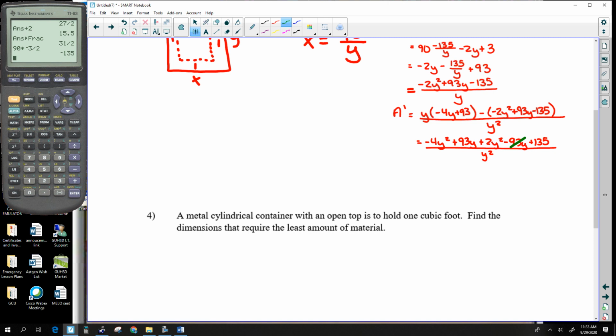So 93y drops. This is a negative 2y squared plus 135 all over y squared.